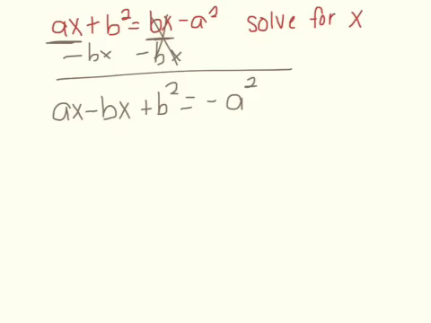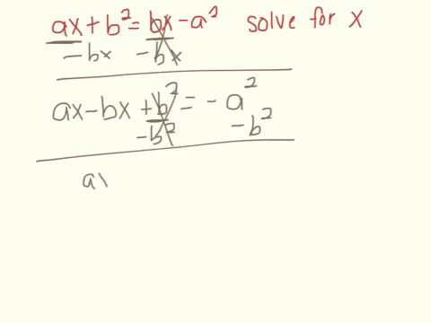Well, it's good that I have all my X's on the left, but I have this term right here. I don't want that because I can't factor anything out of it, so let's move it to the other side. Let's subtract B squared. So now I'm left with an AX minus a BX equals negative A squared minus B squared.